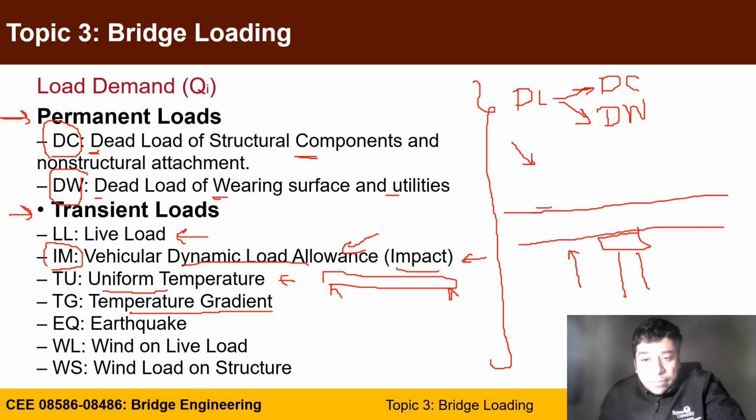So you will have a higher temperature, let's say 120 Fahrenheit on this side, but maybe 90 Fahrenheit on the other side. And this will cause internal force, not only axial loading, but also moment due to the gradient in temperature.